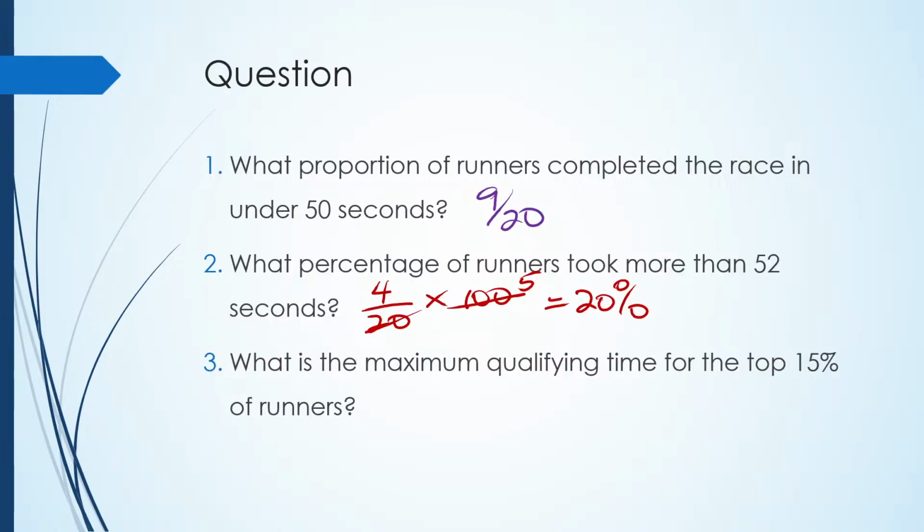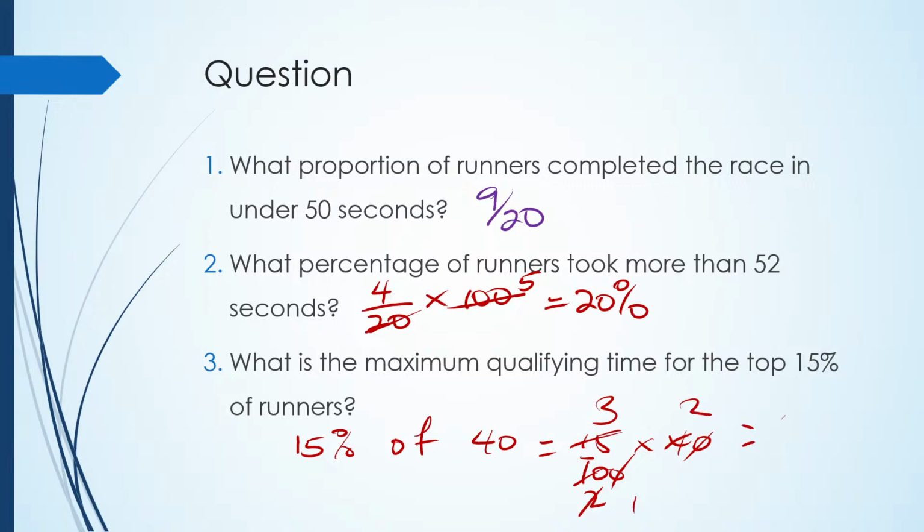And what is the maximum qualifying time for the top 15% of runners? Well, first let's find 15% of 40, which is 15 over 100 times 40. 5 into this 3, 5 into this 2, 2 into this 1, 2 into this 2, and 3 into this 6.